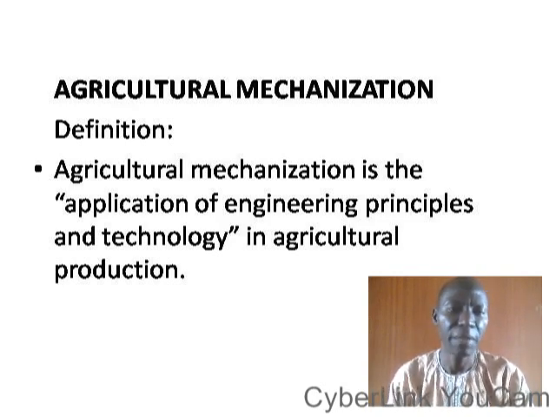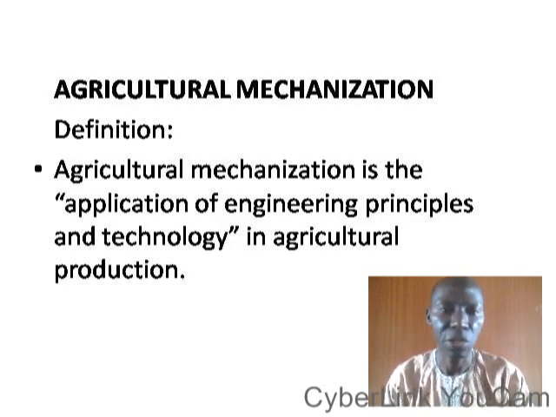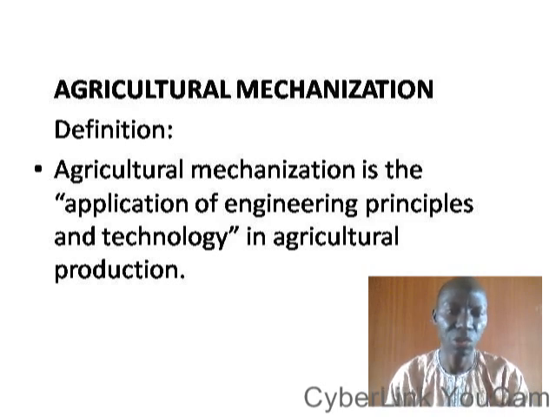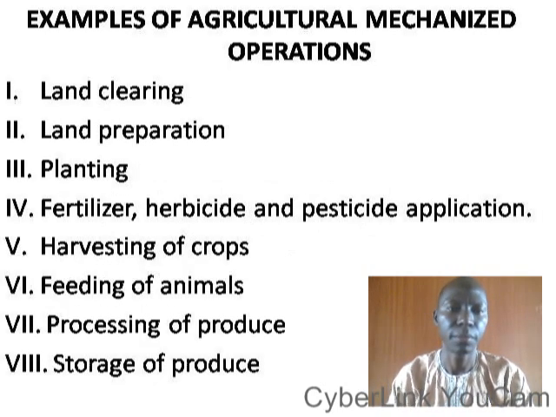We also have storage facilities. So all these things have made it very possible to carry out agricultural production in large quantity and very easily, and that is why we said agricultural mechanization is the application of engineering principles and technology in agricultural production.